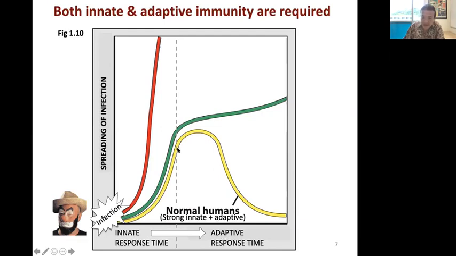And the adaptive side, after this time lag, right, that's why this dotted line is here, once the adaptive side kicks in, then all of a sudden there's a very powerful defense that eliminates the infection. Okay. But remember, to the left of this dotted line, this is before the adaptive side has kind of activated.